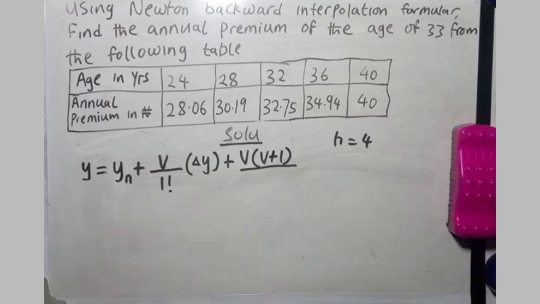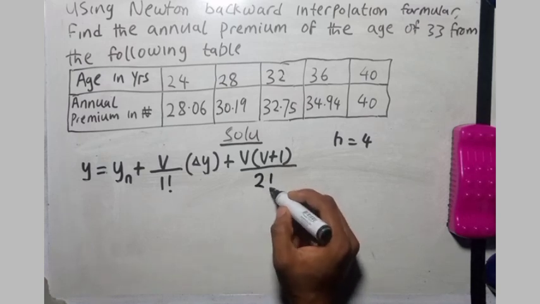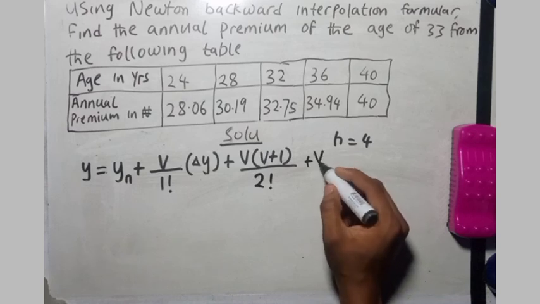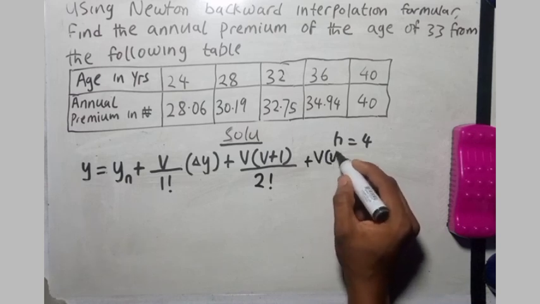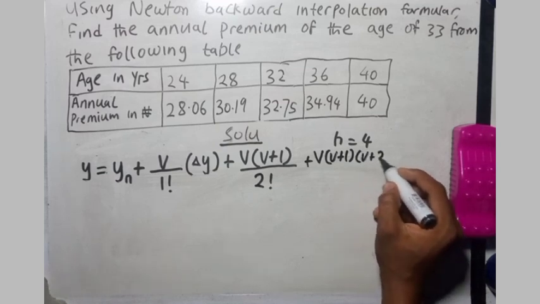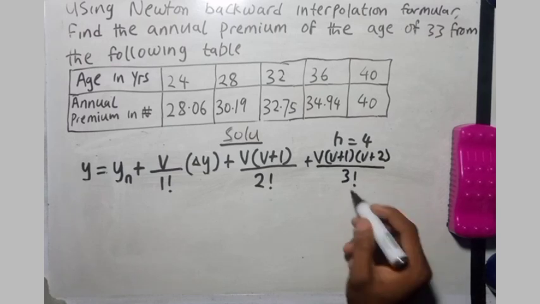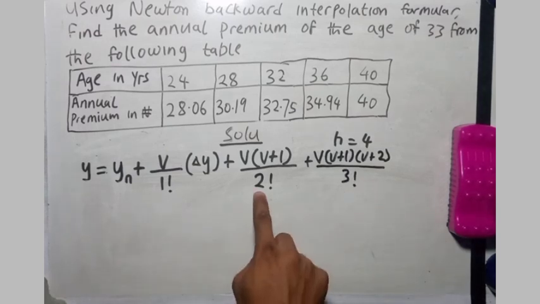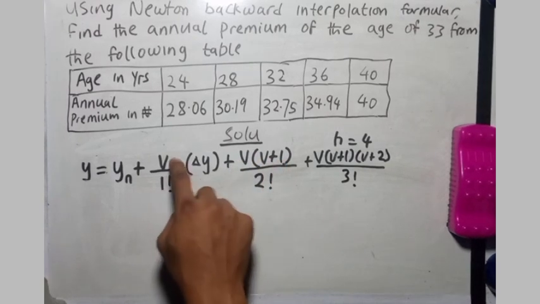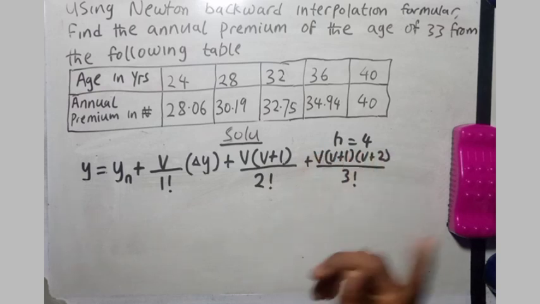The third one is v times v plus 1 over 2 factorial, and the fourth one will be v, v plus 1, v plus 2 over 3 factorial. Remember, if you have 2 factorial down, you should have 2 multiples on top. Having 1 factorial, have only 1 on top. Having 3 factorial, you should have 3 multiples.